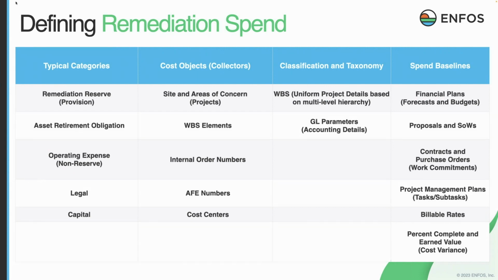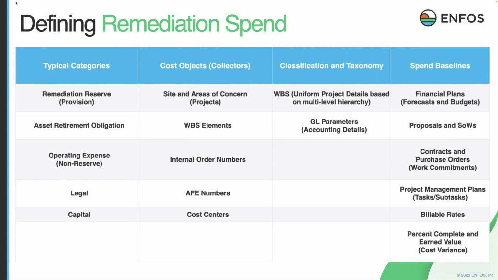You may call them operating units, you might have different terminology, but many of these very large sites are broken down into these AOCs, areas of concern, primarily to be able to manage more effectively. It's an organizing principle. WBS, work breakdown structure elements, internal order numbers, AFE numbers, cost centers. These all basically refer to the primary collector of the remediation spend.